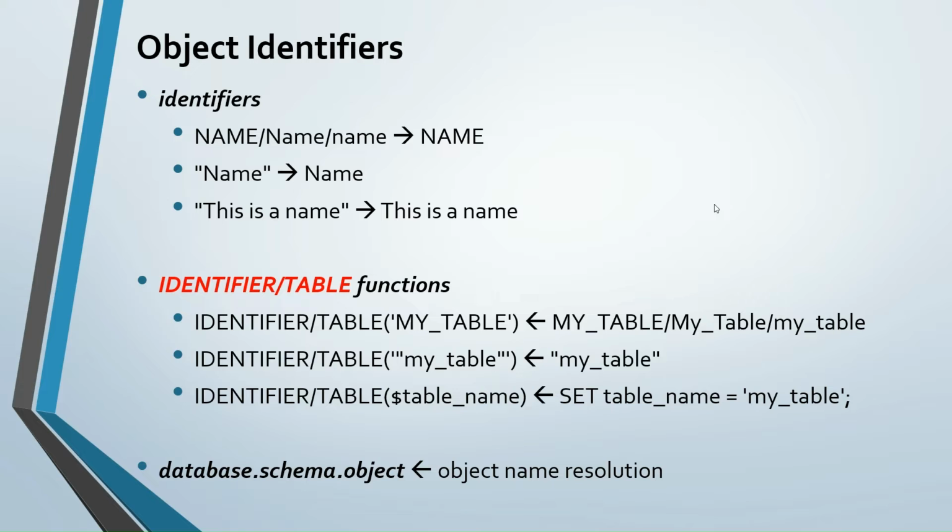Inside the string will be single quoted, but inside the string, you can use double quotes as well if your name is case sensitive. Another way to use this is to set a session variable and to pass the variable to your identifier or table function.